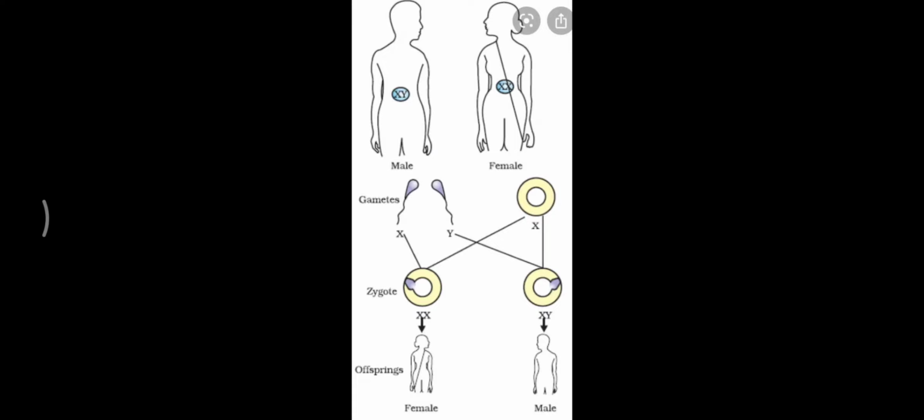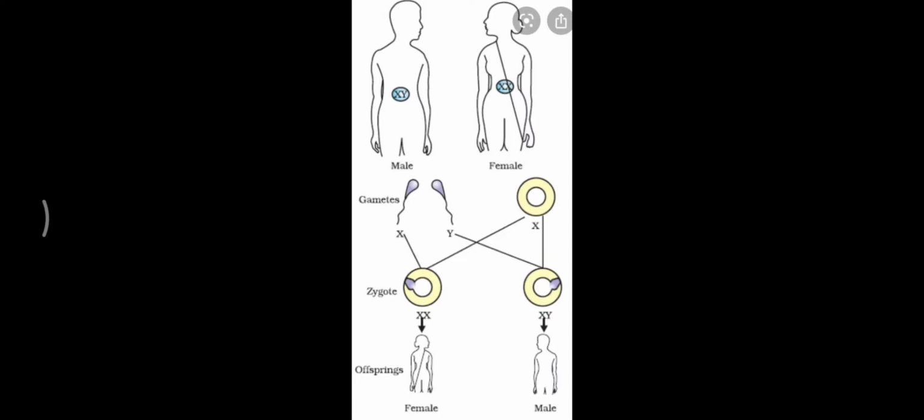The sex is determined at the time of fertilization, and fertilization occurs in the fallopian tube. Males are heterogametic, that is, they form two types of sperm, 50% with the X chromosome and 50% with Y, and females are homogametic, that is, all the ova will have the X chromosome.